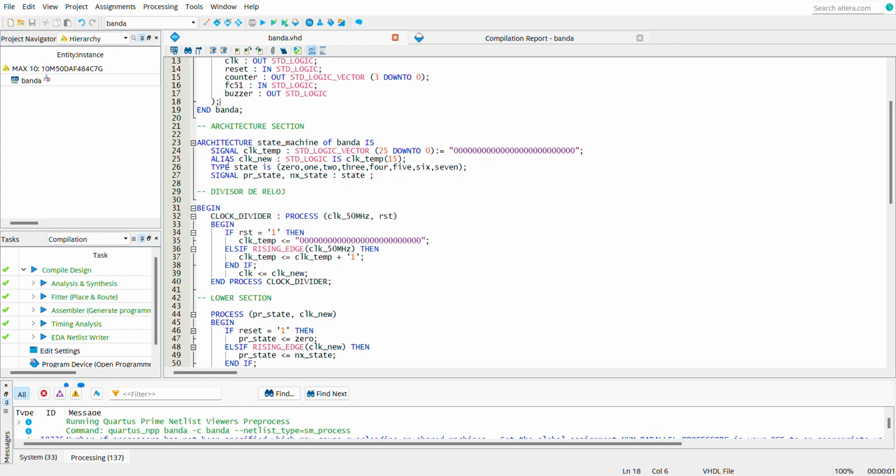Now we have these lines over here, the signal, the alias, the type, and the signal. So the signal is clock temp, like temporal, equals to STD logic vector of 25 down to 0. In this case, 25 down to 0 is equal to 26 zeros. So we are using the alias to have this clock temp with 15.